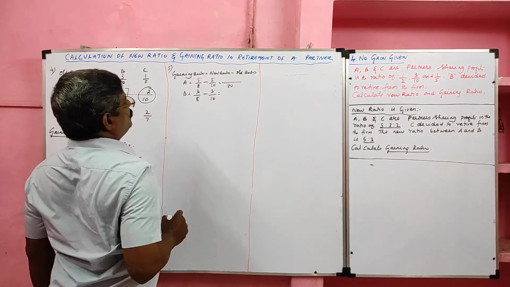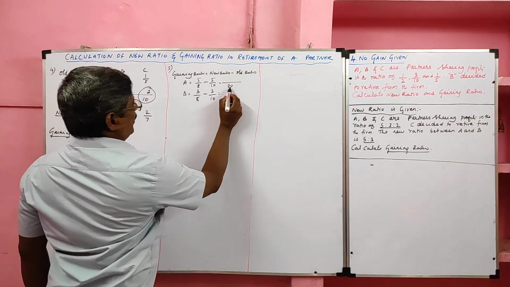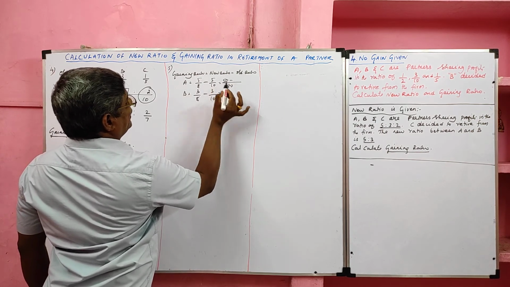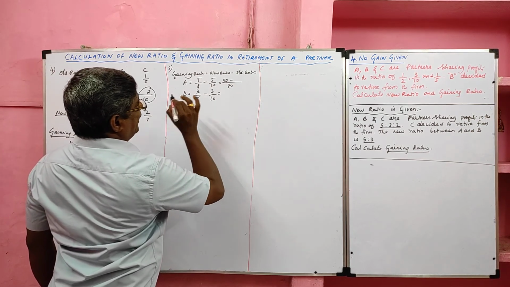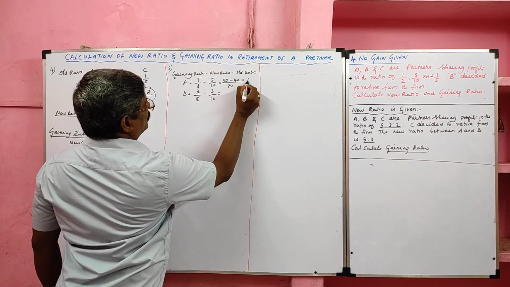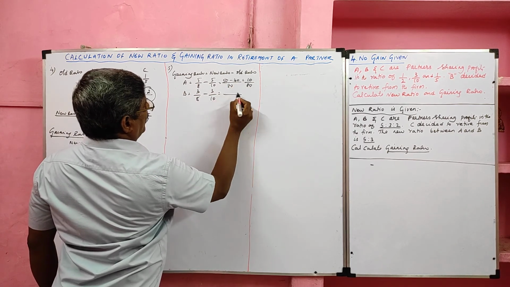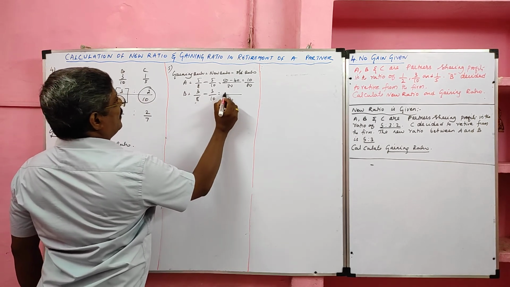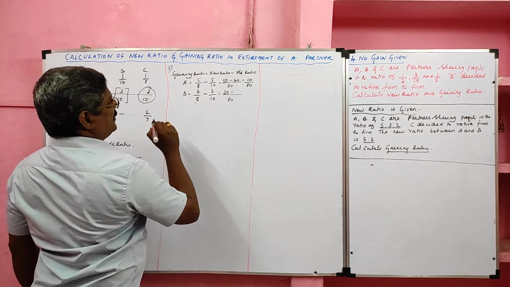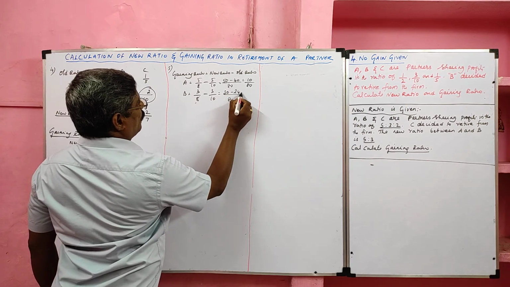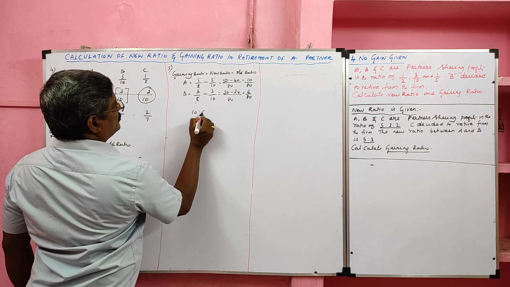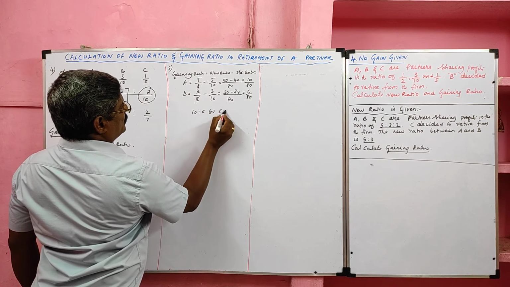By multiplying these two, we get a common denominator of 80. 80 divided by 8, 10, 10 5s are 50. 80 divided by 10, 8 5s are 40. 80 divided by 8, 10 3s are 30. 80 divided by 10, 8 3s are 24. So 10 by 80 and 6 by 80. So the gaining ratio is 10:6 or 5:3.